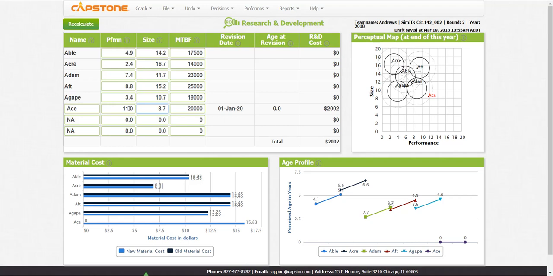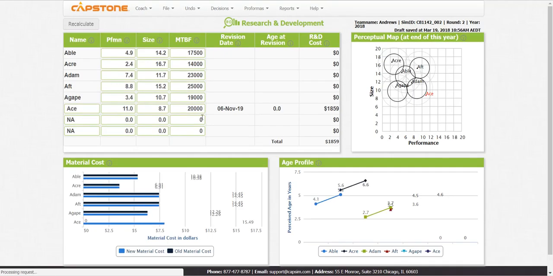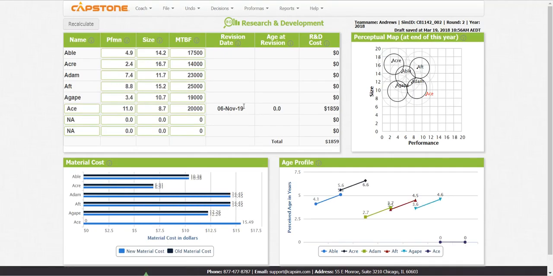So I've reduced performance and increased the size a little bit. And that gets me into 19, which is perfect. When it comes out on the 6th of November in 19, it's going to be that old. And it's costing me 1.8 million, and that's where it's going to be.